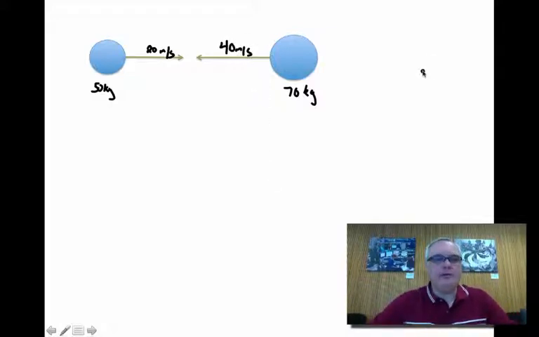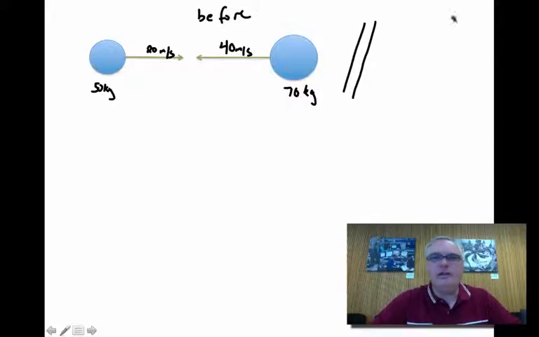So these two objects are obviously going to collide, and we're going to say that they collide and they stick together. So I like to draw a couple of parallel lines like this to have the before picture. And then over here I'm going to draw the after picture.